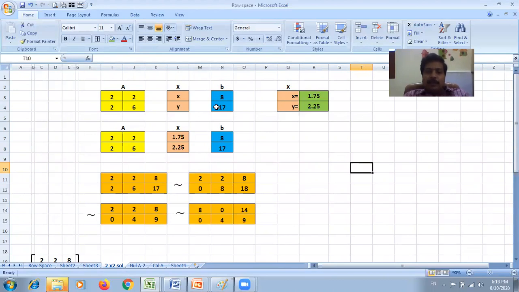These equations are being converted as 2x plus 2y minus 8z is equal to 0. Here I am taking z as 1. 2x plus 6y minus 17z is equal to 0. I fixed the value of z is equal to 1. So now this equation is fixed.